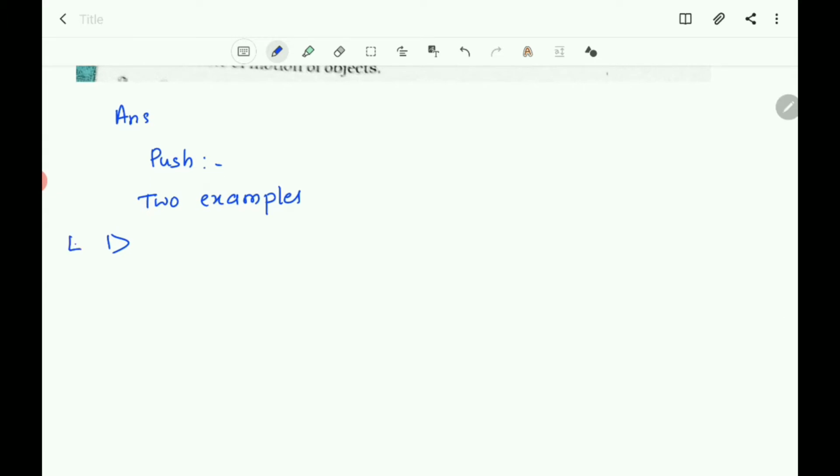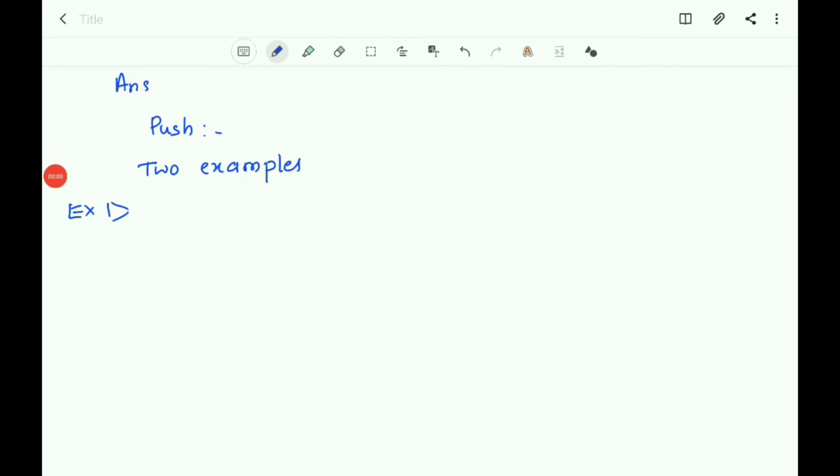Example 1, first example you can give: we close a drawer by pushing. Second one, you can push a book or box, whatever it may be.